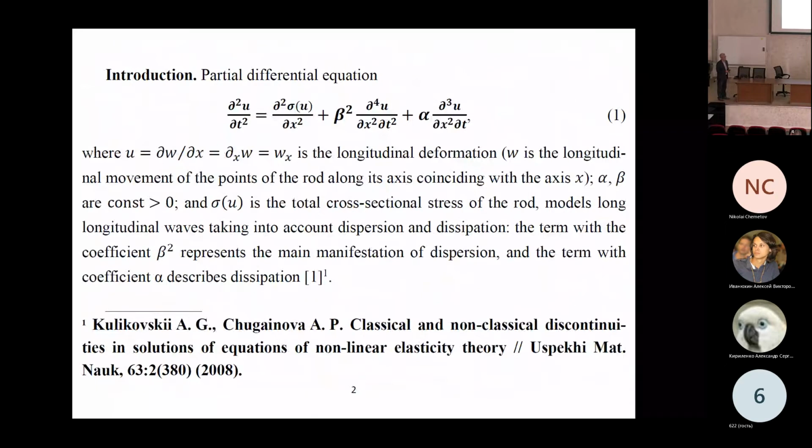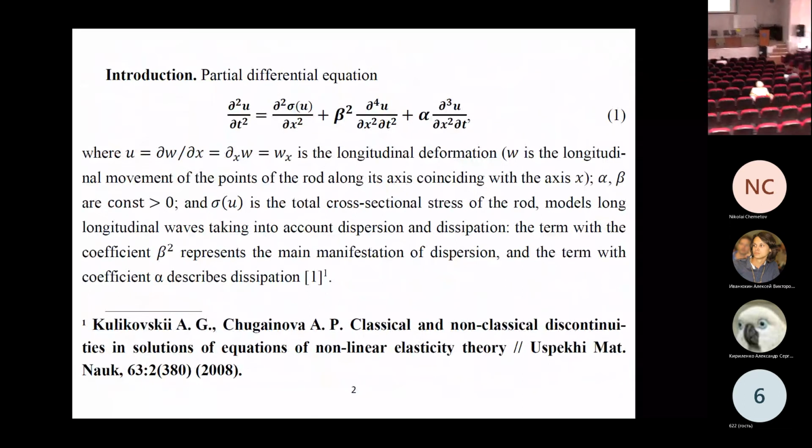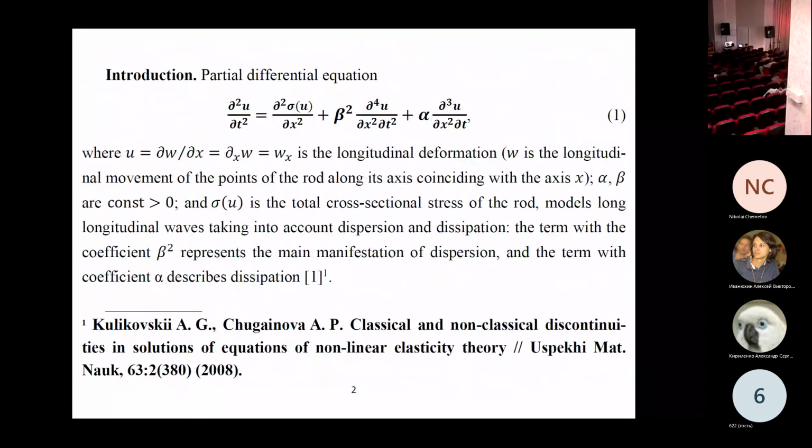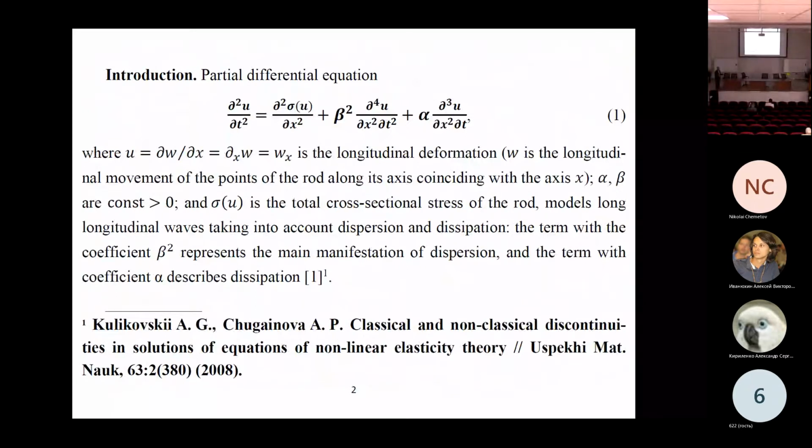Они имеют какие-то обобщения, может быть, Куликовского и Чугайновой. Откуда они это уравнение взяли? Интересное уравнение, но как выводятся такие уравнения? У меня очень общий вопрос. Ну ладно, хорошо, спасибо.